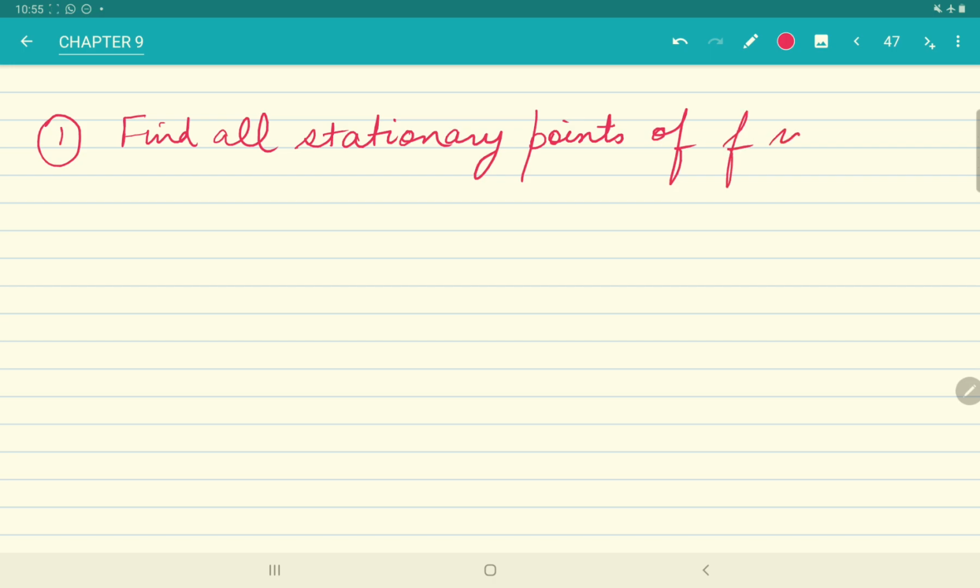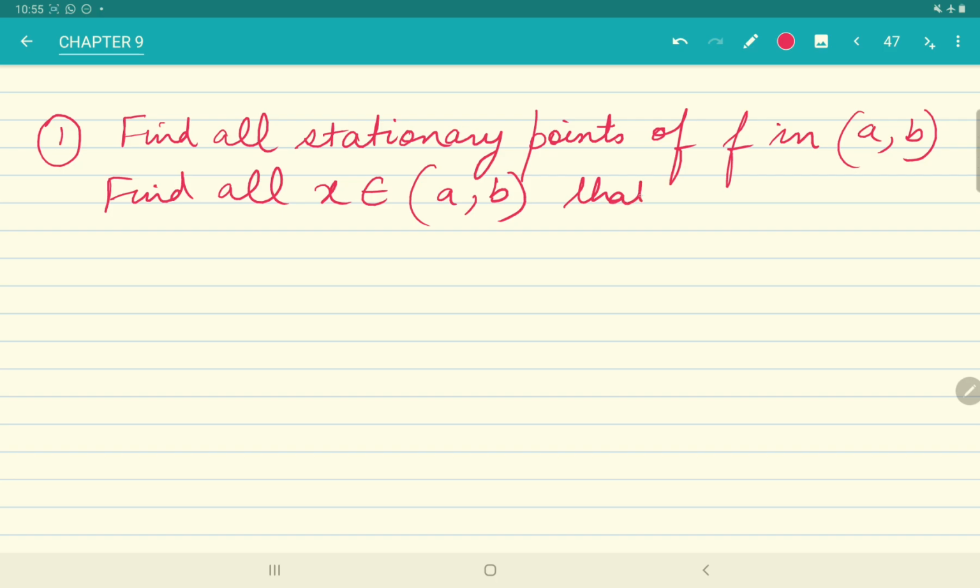So that means I would like to find all x belonging to this interval that satisfy f prime x equal to 0. That would be the stationary point. So I would like to first find out all the stationary points.